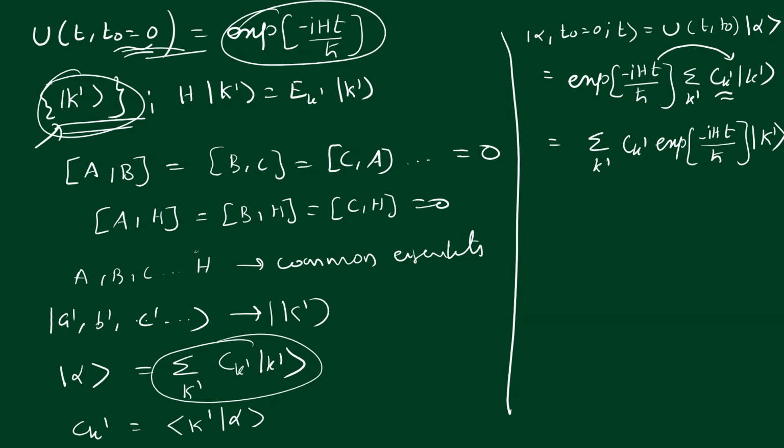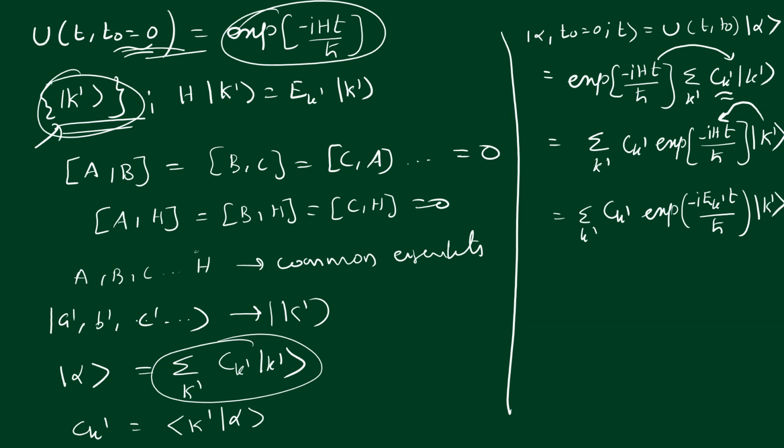Now since ket k prime are also eigenkets of the Hamiltonian, we can write this as sum over k prime ck prime exponential minus i E k prime t divided by h bar multiplied by ket k prime.